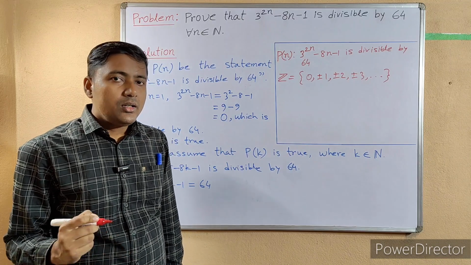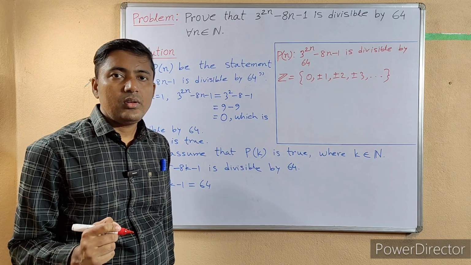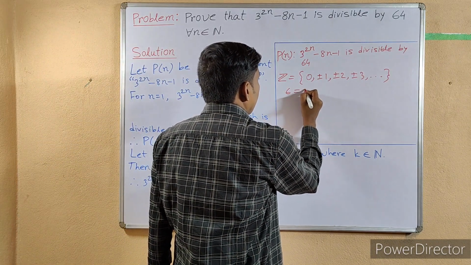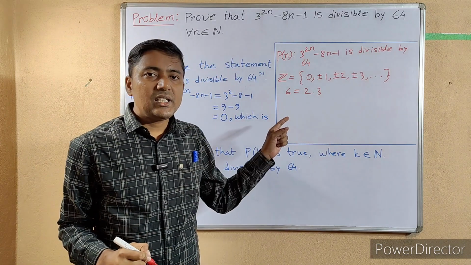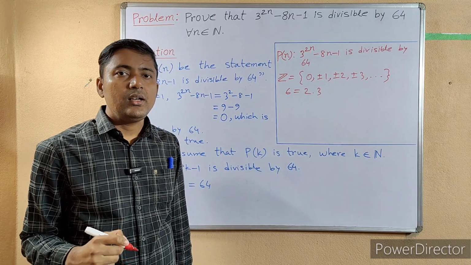Now 6 is divisible by 2, and we have 6 equal to 2 into 3. That is 6 equal to 2 into some positive integer.